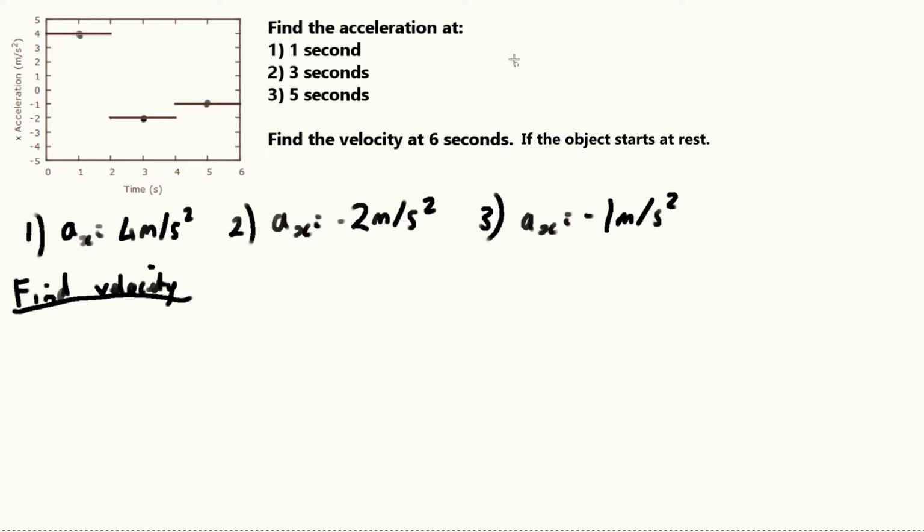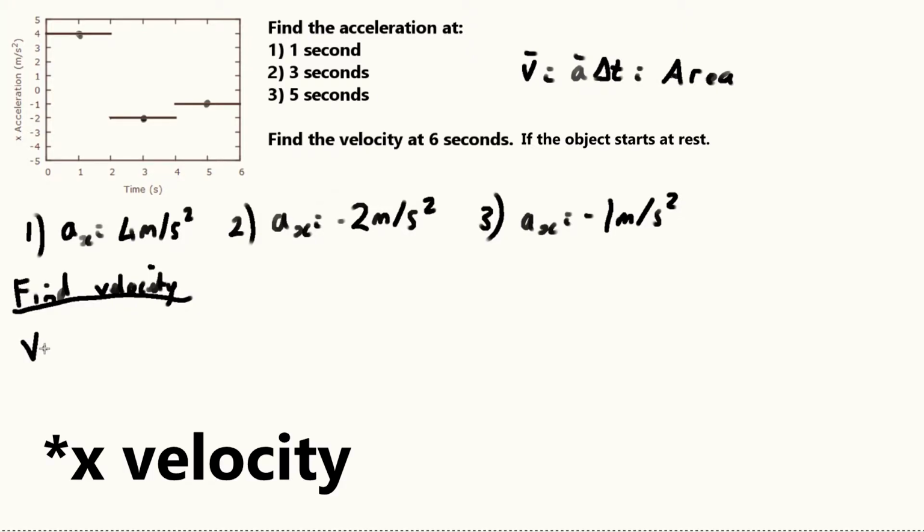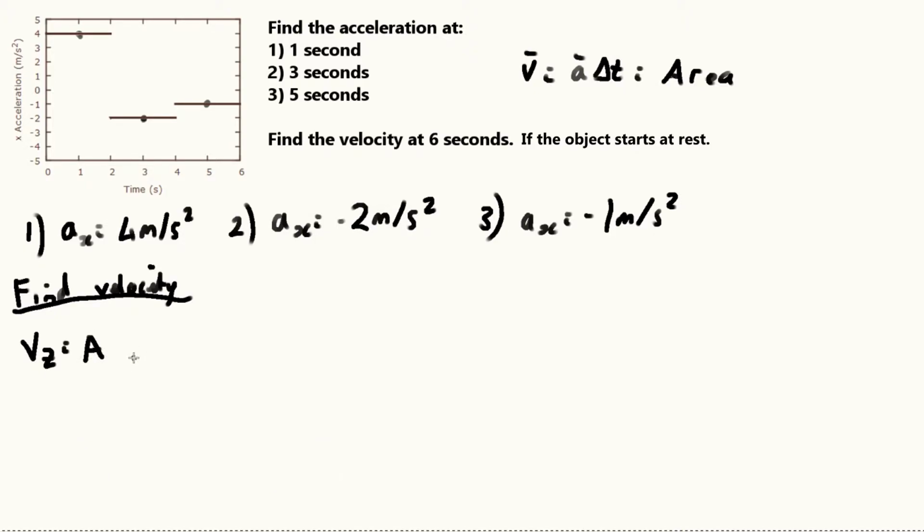You may remember from early on in the video that the velocity is equal to the acceleration times the change in time, which is also equal to the area. Therefore, we can say down here that the x velocity is equal to the area of the graph, A.